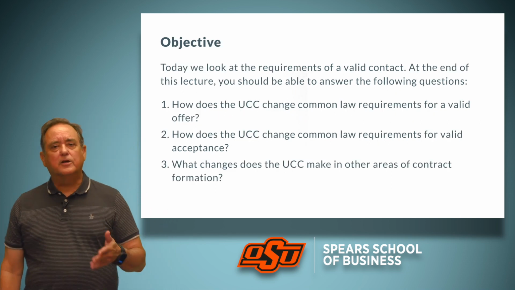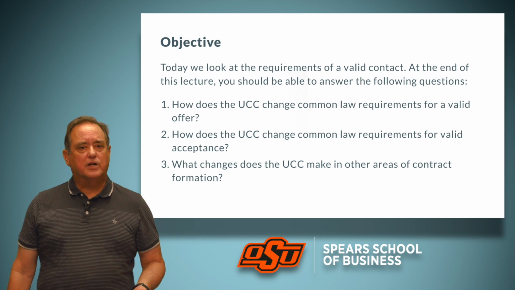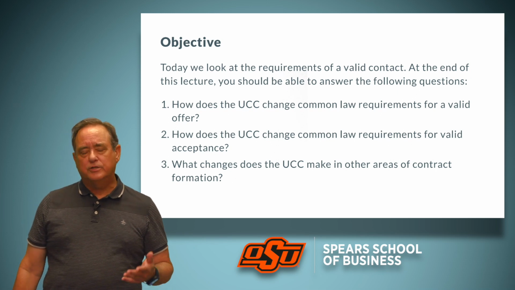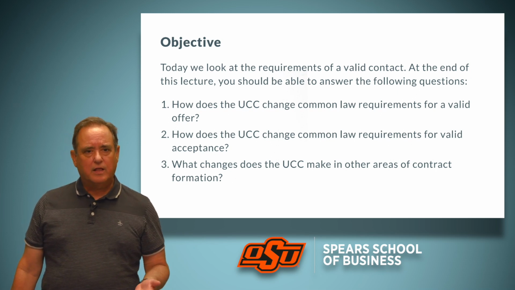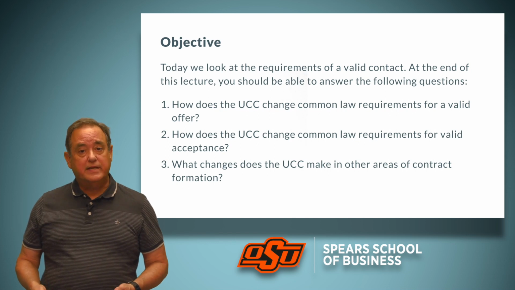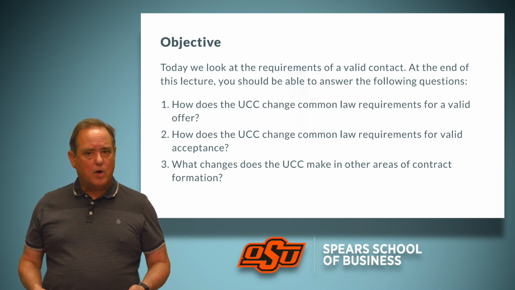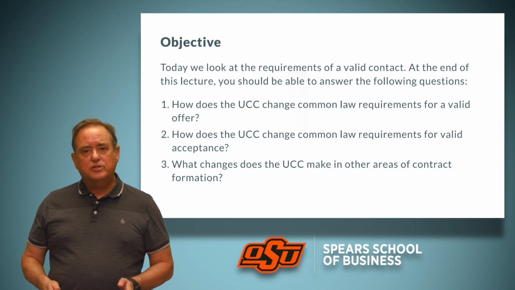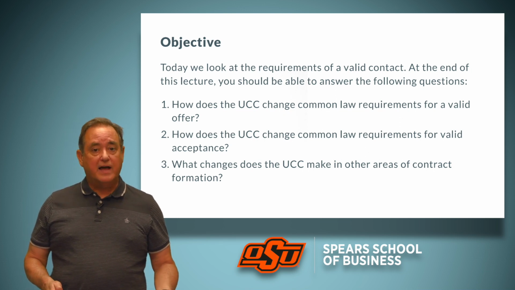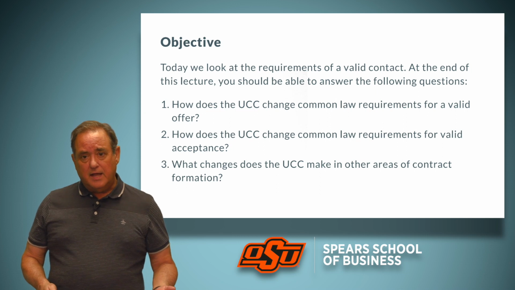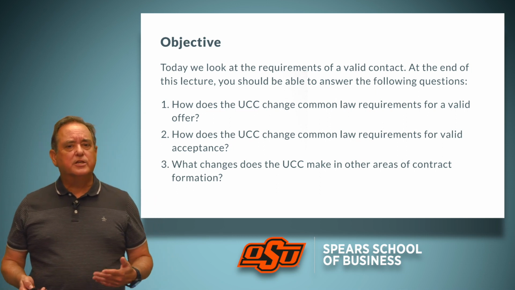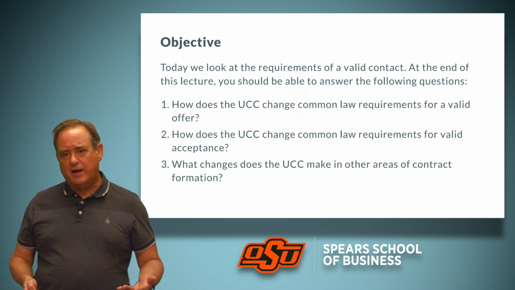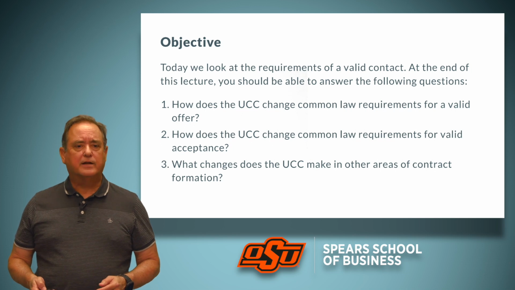So today we're going to look at the requirements of a valid contract, and at the end of the lecture you should be able to answer the following questions. How does the UCC change common law requirements for a valid offer? How does it change common law requirements for a valid acceptance? And what changes does the UCC make in other areas of contract formation?